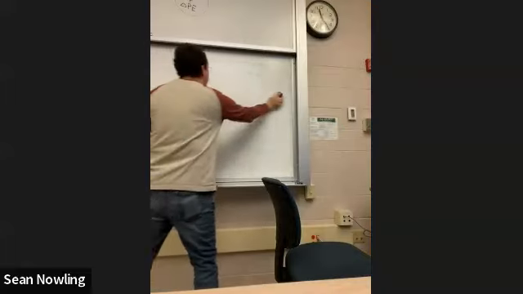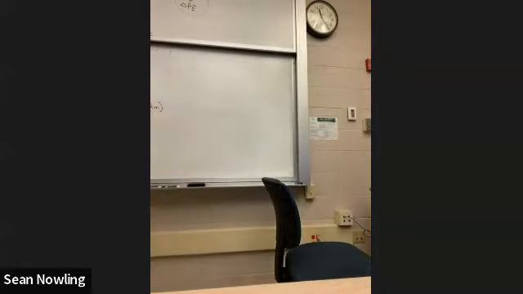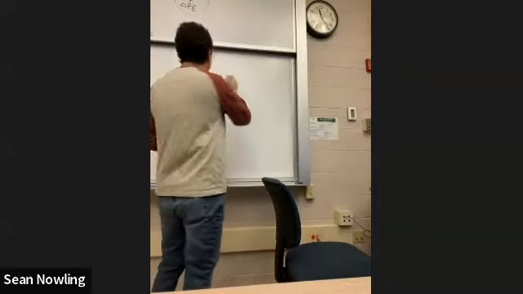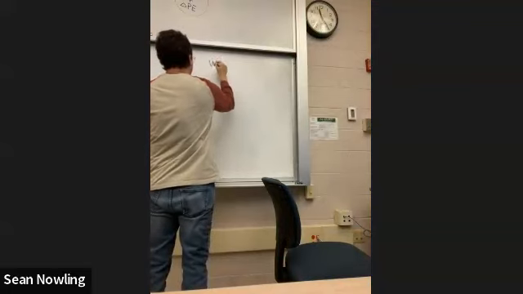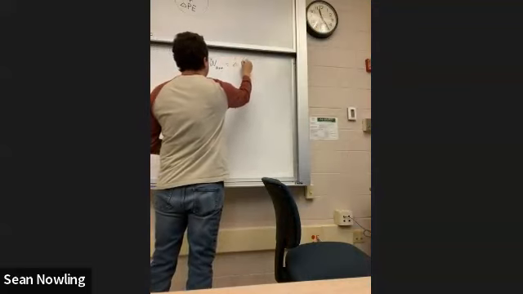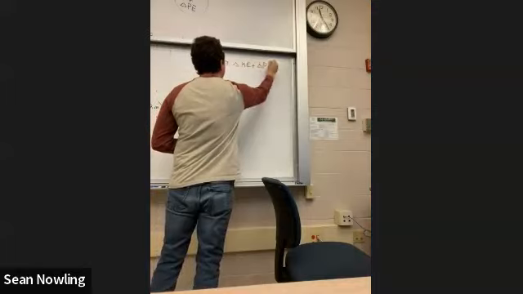So I need to find the final kinetic energy and the final velocity. And the way I'm going to do that is I'm going to use the work energy theorem that we just motivated. So we know that the total work equals the change in kinetic energy plus the change in potential energy.